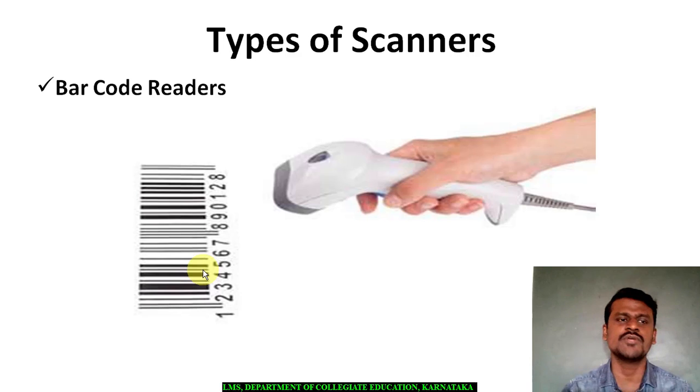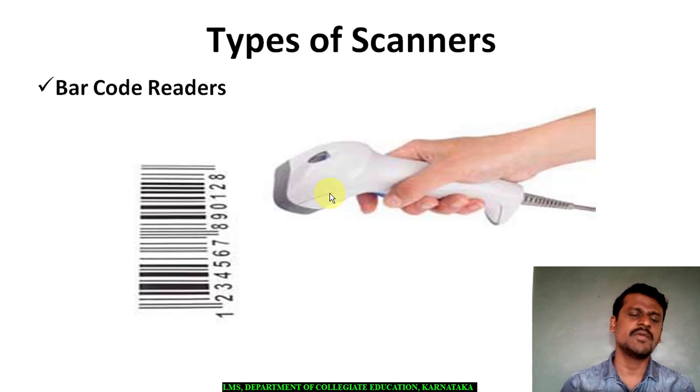So all this will be stored in the barcode, and the barcode reader will help to read these barcodes with the help of a laser beam placed in the barcode reader. That is, in the barcode reader there is a laser beam. With the help of that laser beam we read this barcode.